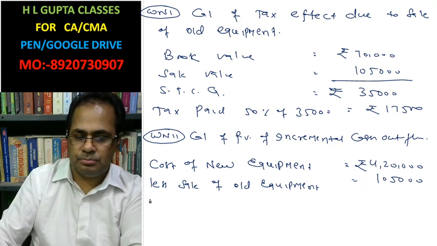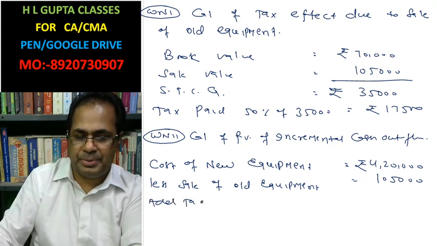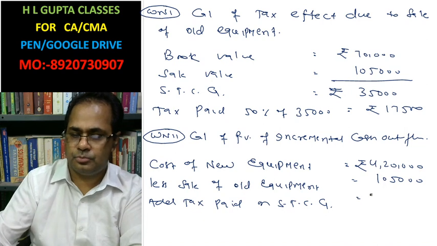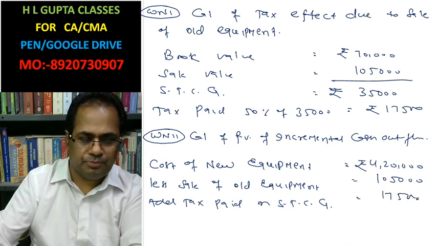Okay, add tax paid on short term capital gain 17,500.